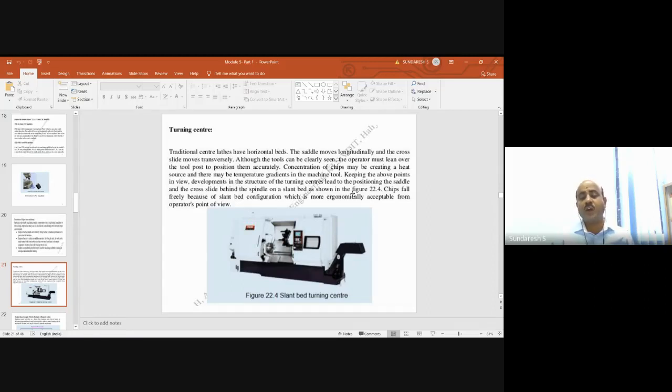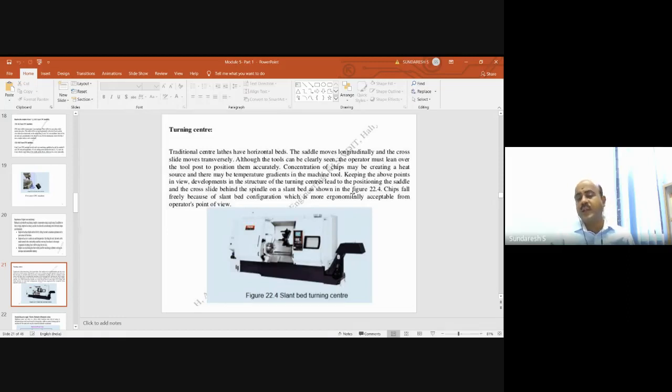I think you might have experienced this when you have worked on a lathe in a machine shop. When you perform different operations on a lathe and want to position both the tool and the specimen, you have to lean across the tool post and adjust them for correct positioning.